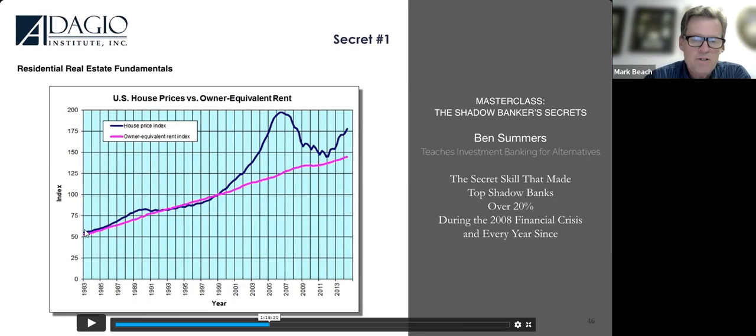Historically, house prices and rents have tracked very similarly, except in these periods. In the late 80s there was a small bubble, and then starting around 2000 they detached from rents again, and we had a big bubble that burst. And then here in 2013, 14, 15, it's starting to become detached again. And we're probably still in that bubble.